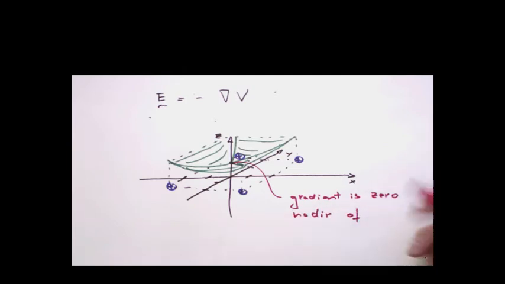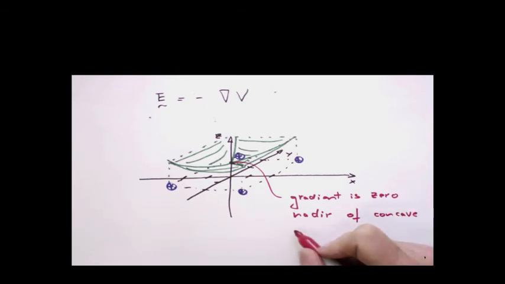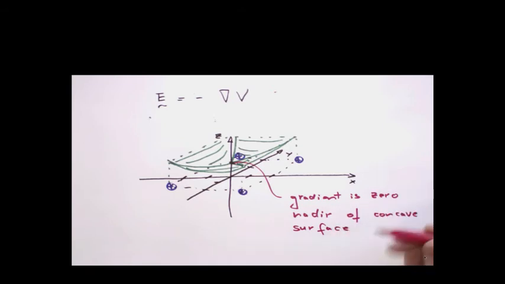of some kind of concave surface looking from the top. So convex looking from the bottom, and looking from the top it's the concave surface.